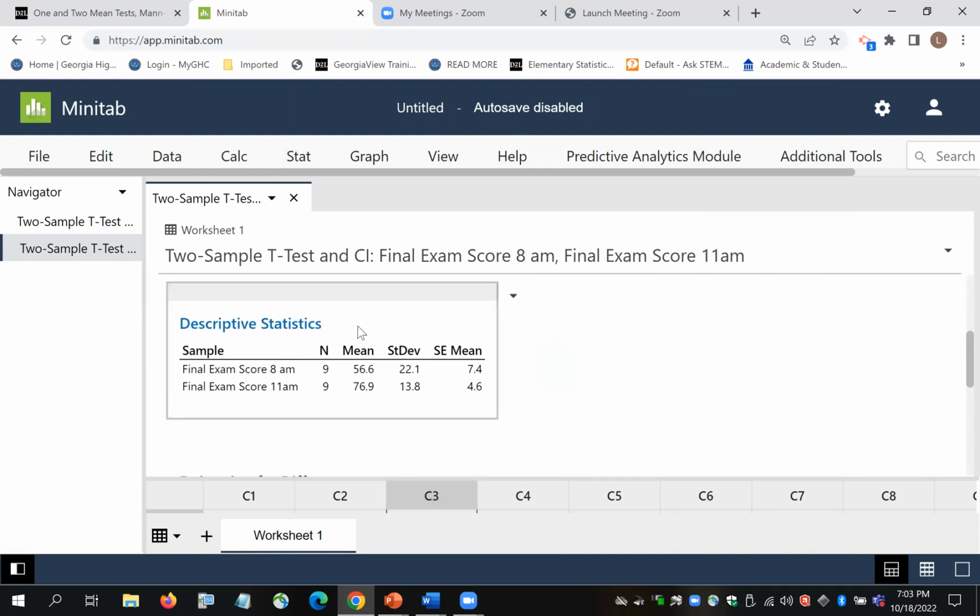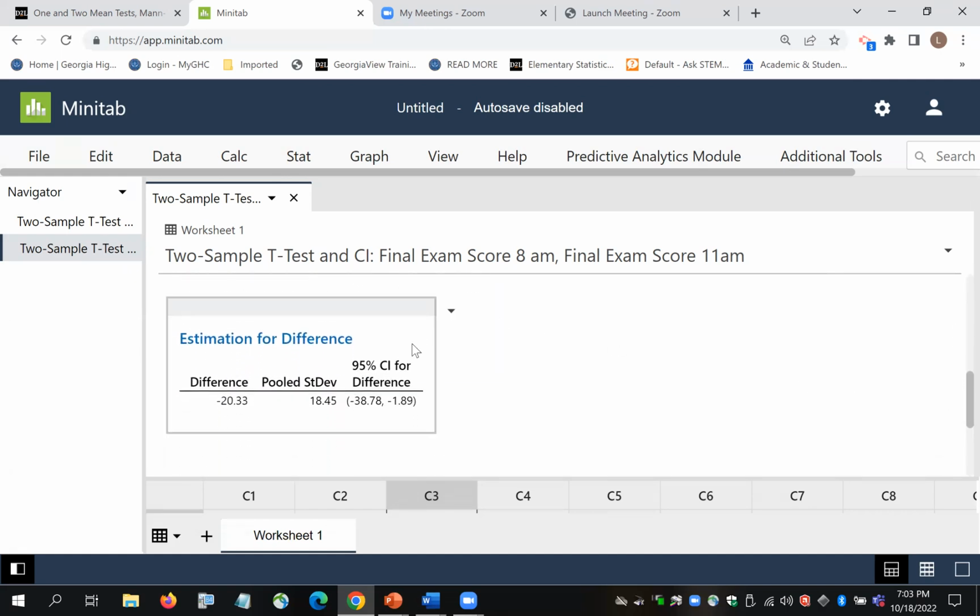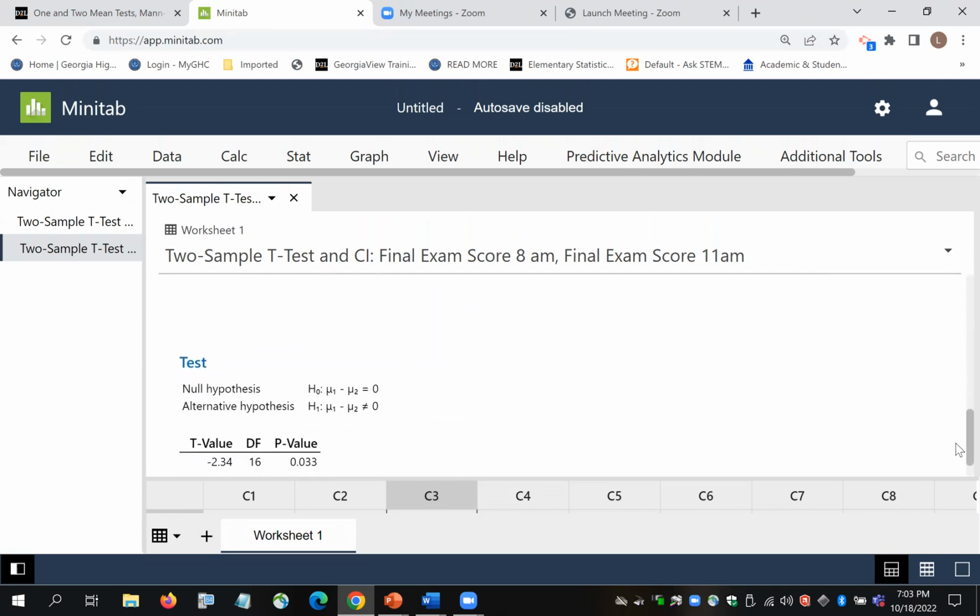Now, one of the things that Minitab does, that if you needed it, it does give you a summary. It tells me that I had 9 data values. The mean was 56.6 with a standard deviation of 22.1. It also does the same information for the 11 o'clock. So it does the descriptive statistics at the same time should you need them. I have the estimation for difference that I may need in a minute to do Cohen's d.